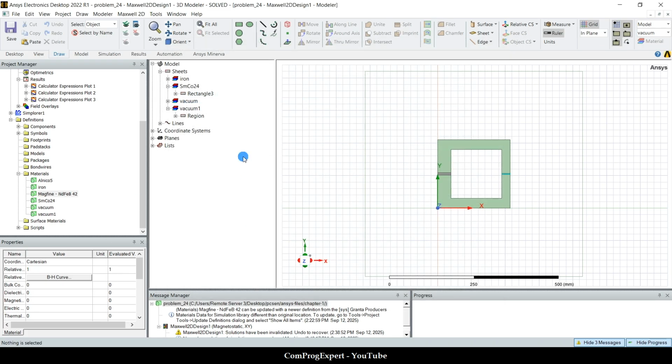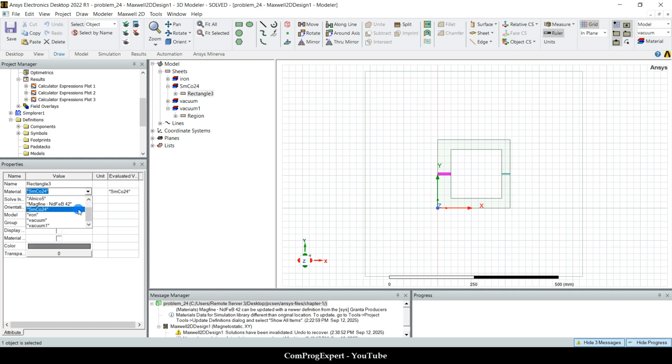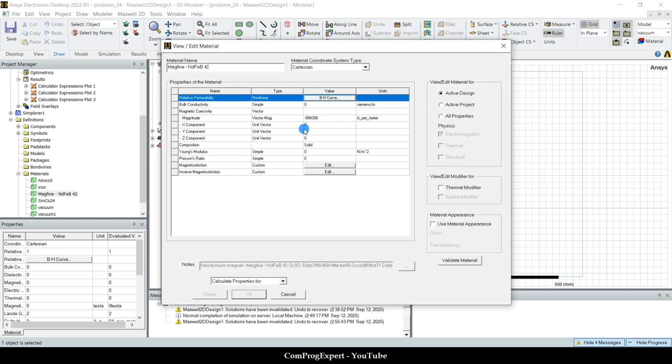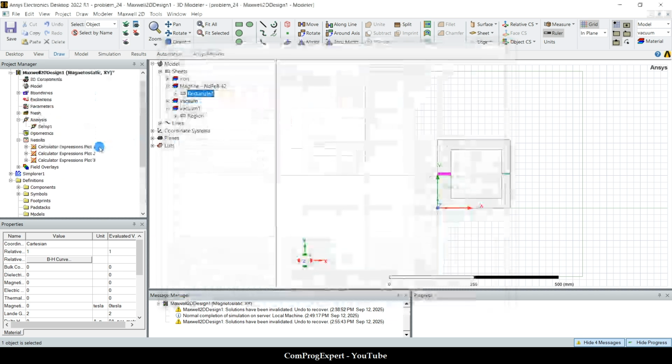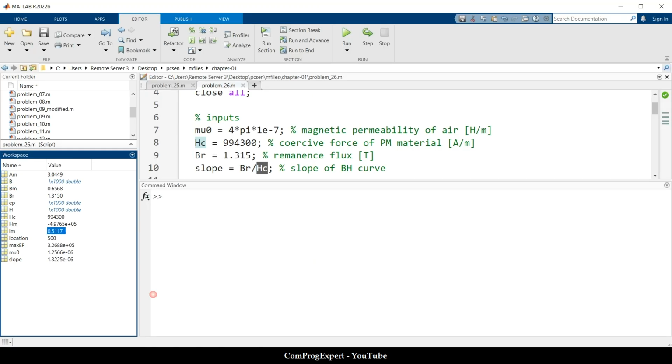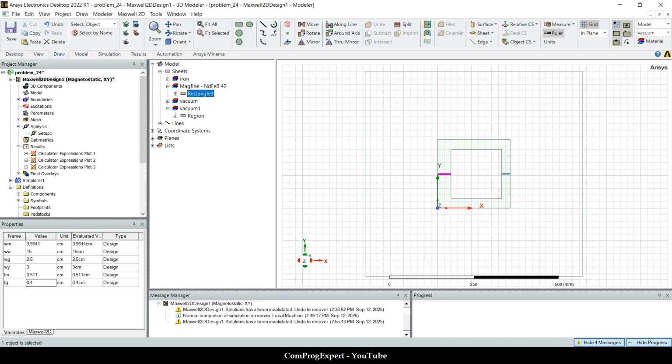So let me change the material of the magnet first. Also, you can see the direction of the magnetization, correct. The length of the magnet, 0.511. The width of the magnet, 3.04.